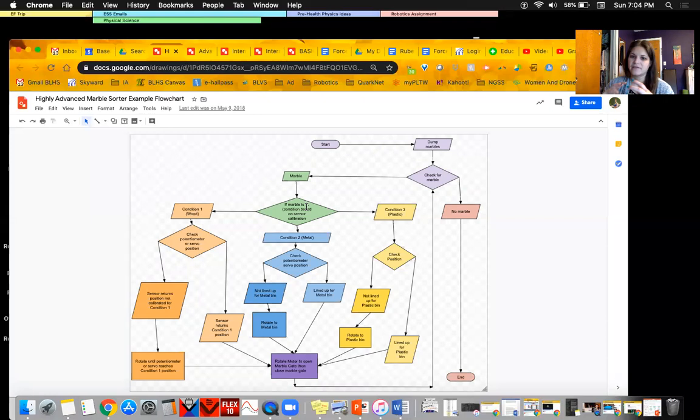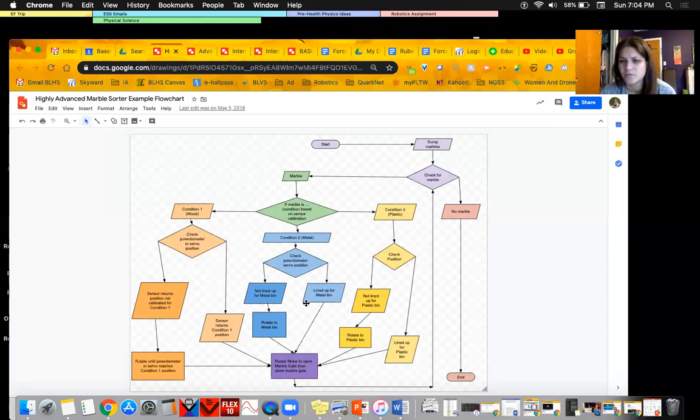So if we have something in the 1 to 5,000 range, that would be wooden, not very reflective at all. Then the metal one has a different amount of reflectivity. So if the number is from like 5,000 to 10,000, that would be something. And then plastic could be from like 10,000 to 14,000 or something. And that would be a way to calibrate this.